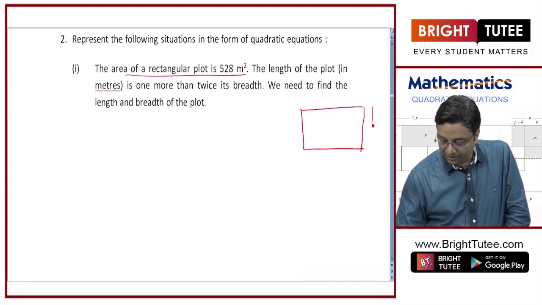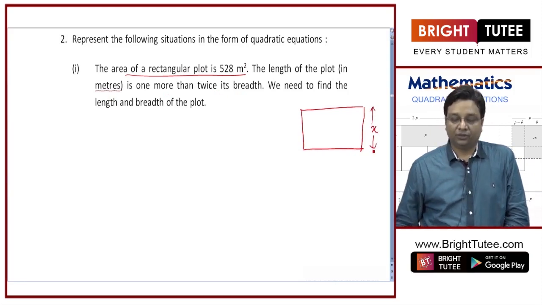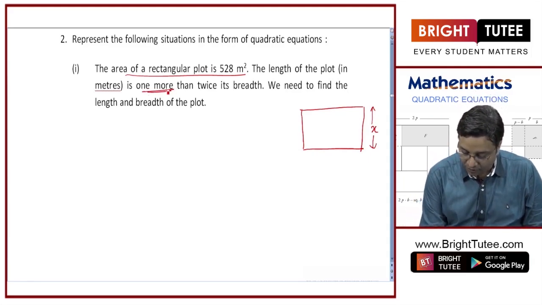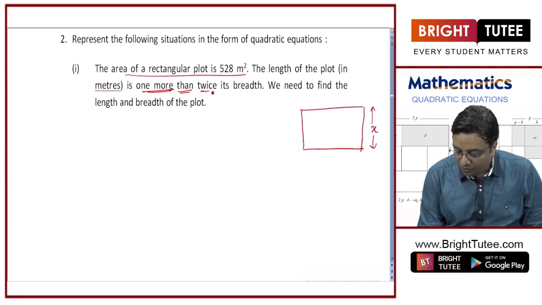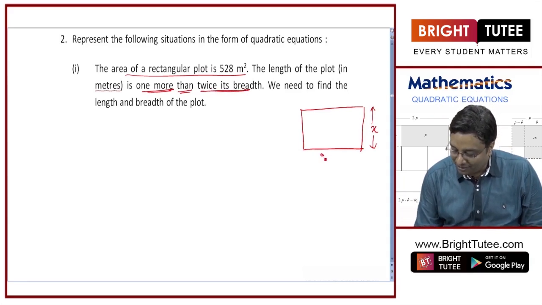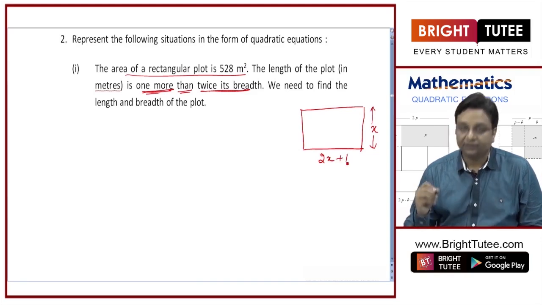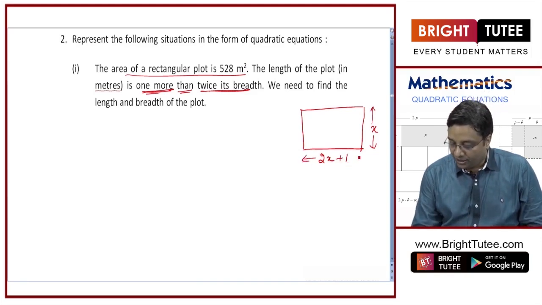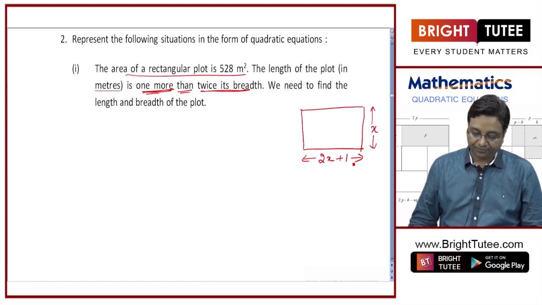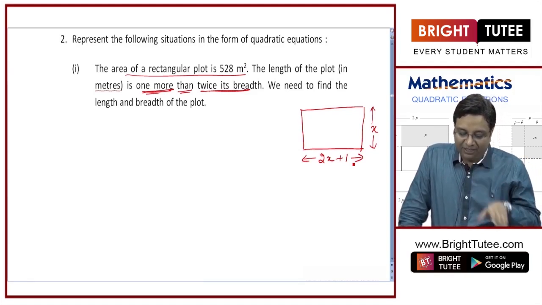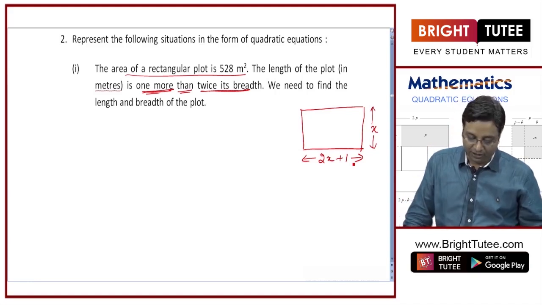Let us say the breadth is x. Okay. So what is the length according to the question? One more than twice its breadth. What is twice its breadth? 2x, and one more than, right? So the length is 2x plus 1. We need to find length and breadth of the plot, and we need to represent this as a form of a quadratic equation only.